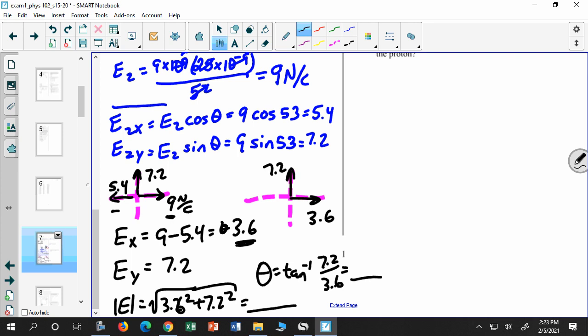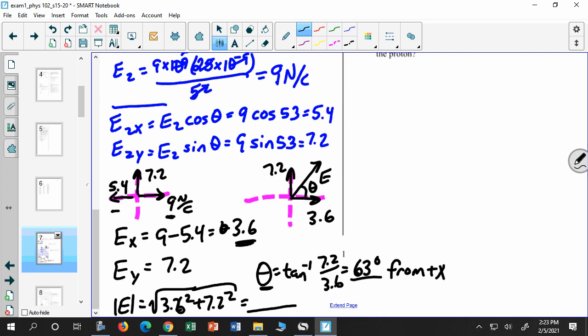That means that my final vector, E, is going to be in this direction, and this angle is the angle that we calculate right here. So I'll ask you to measure that angle from the positive x-axis. And in this case, this would be whatever this angle is. Let's see, 7.2 over 3.6, inverse tan of 2. That's 63 degrees from the positive x-axis.